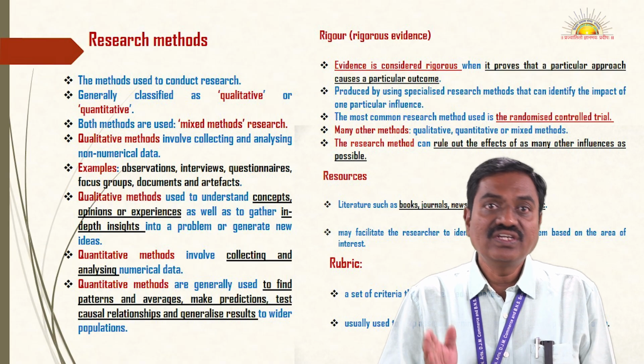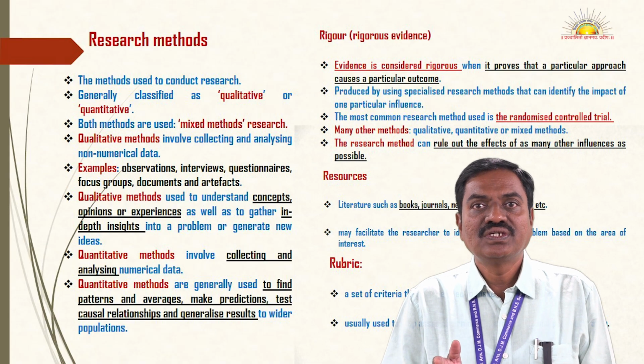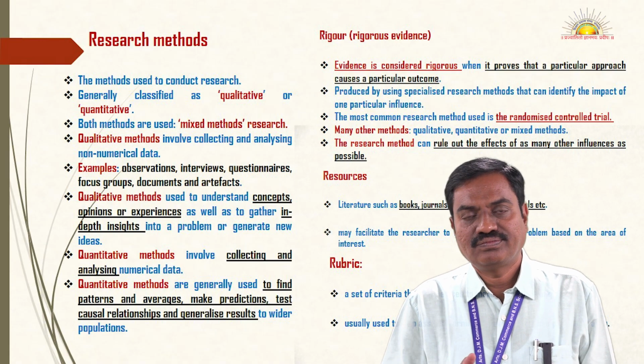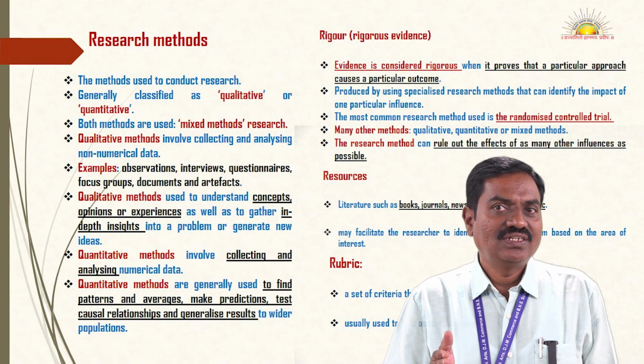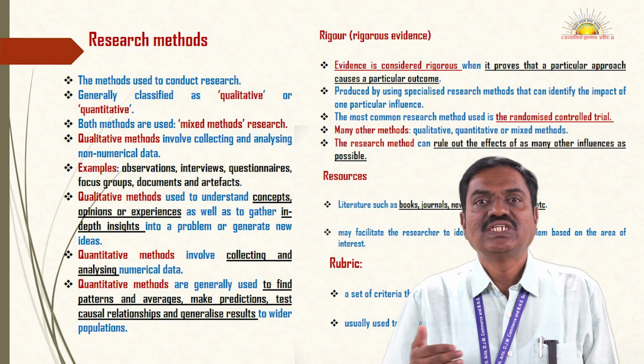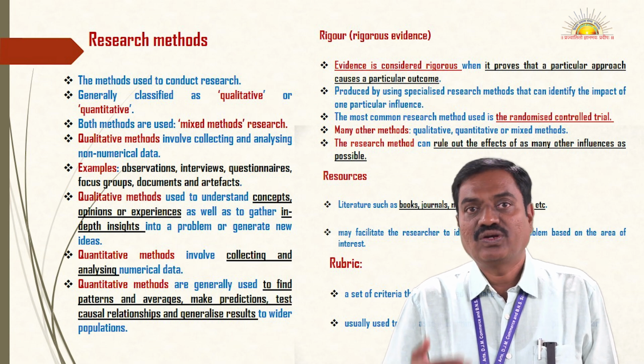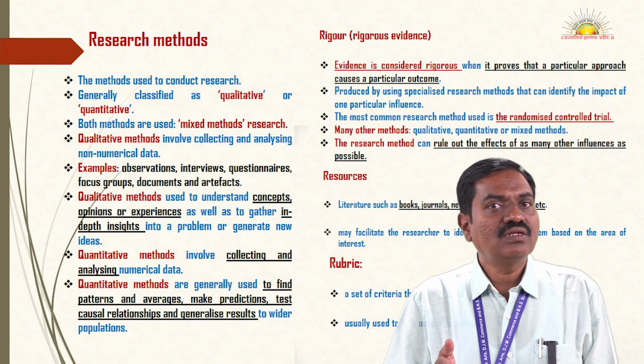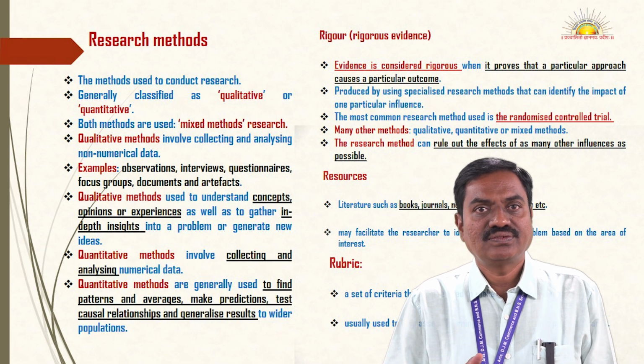Evidence is considered rigorous when it proves that a particular approach causes a particular outcome. Rigorous evidence is produced by using specialized research methods that can identify the impact of one particular influence.